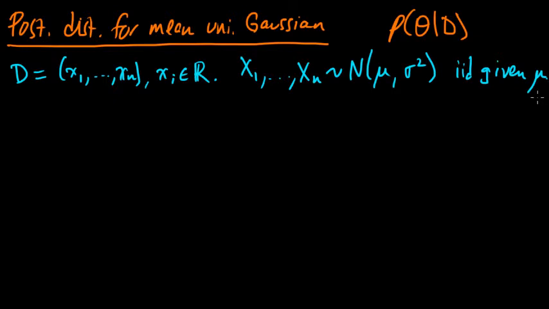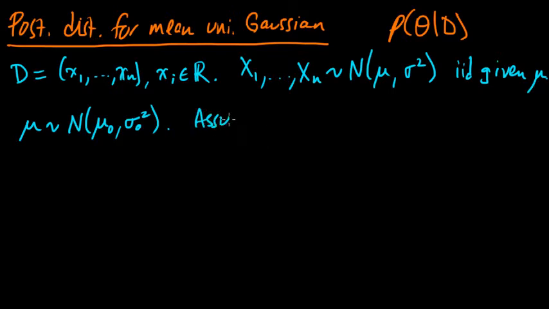And I emphasize given mu because we will model mu as a random variable, and it will also be normally distributed, and it will have mean mu naught, or mu 0, and variance sigma naught squared. Okay, so these are conditionally independent given the random variable mu.